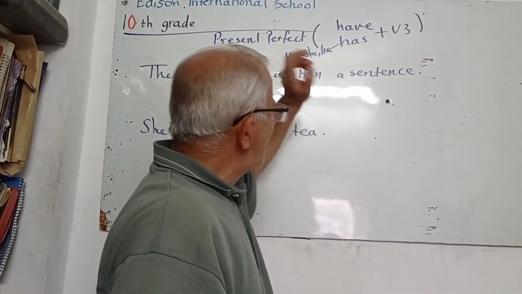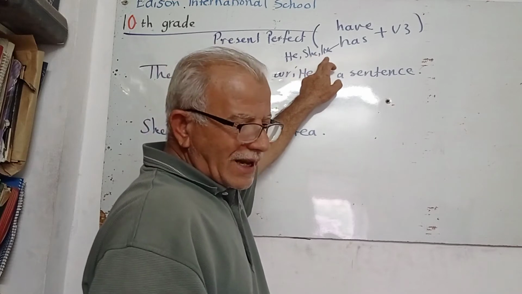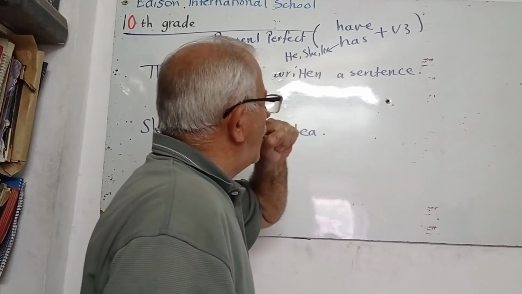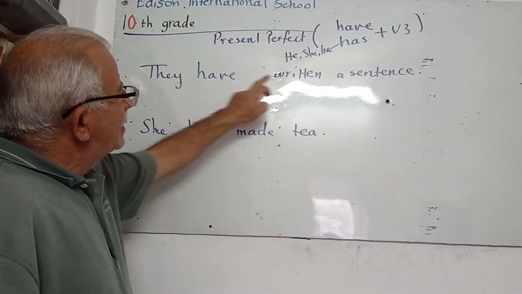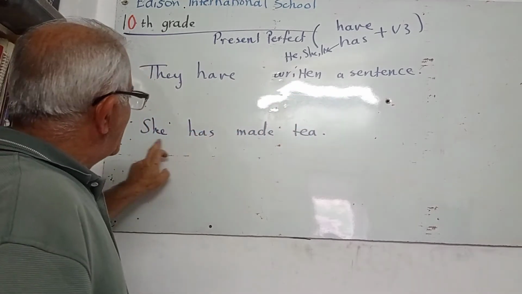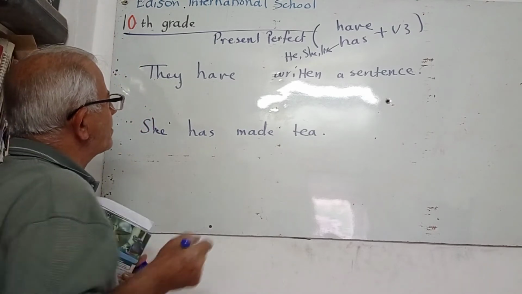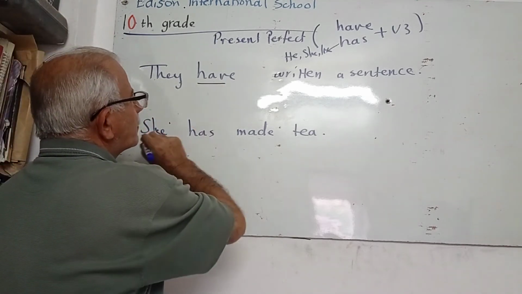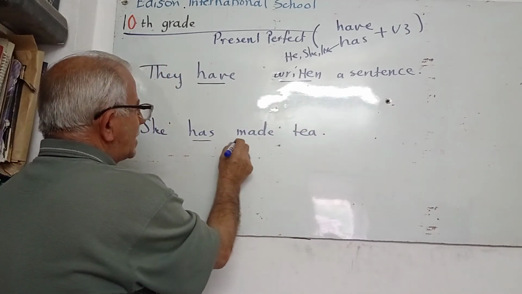Now remember that has is used with he, she, or it. Now I've written two sentences. They have written a sentence. She has made tea. Now look, have and verb 3. Has and verb 3.